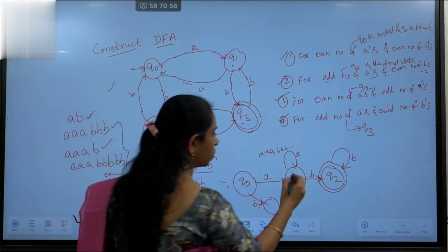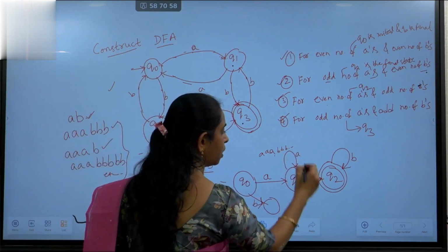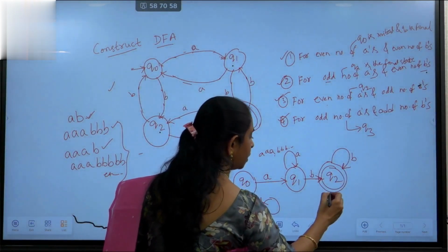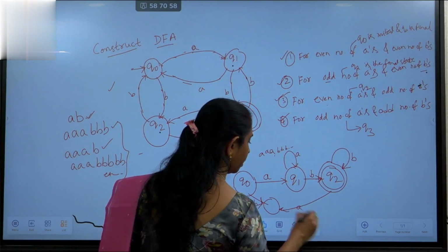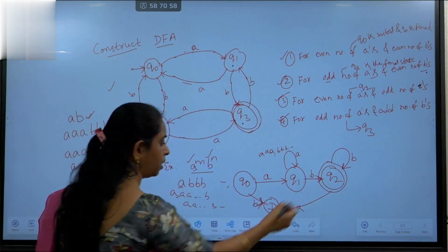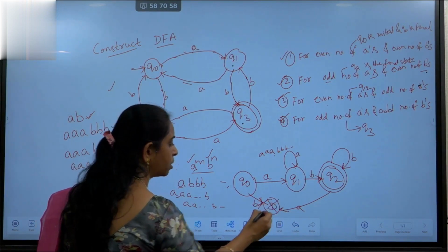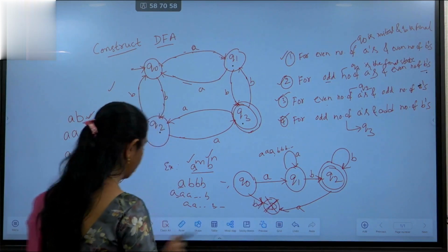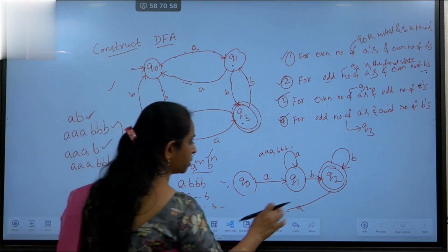A, B. So at Q1 we have transitions on A and B. At Q2, we have a transition on B. Suppose we want to transmit A, we have to come here. From this state we can't move to another state, right? So we call this the dead state. It is not mandatory, so you can go up to here itself.